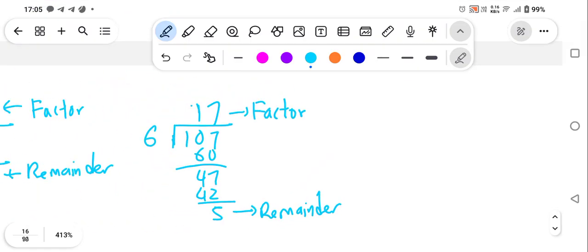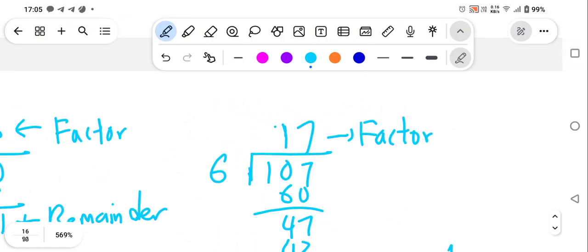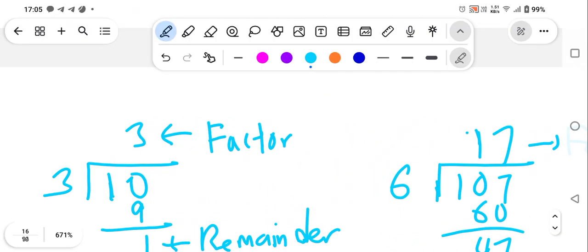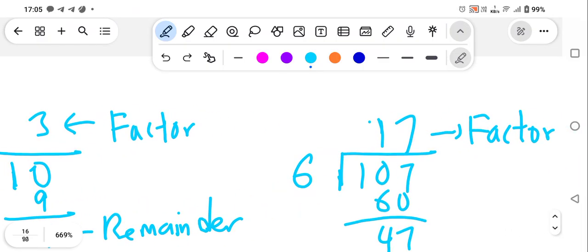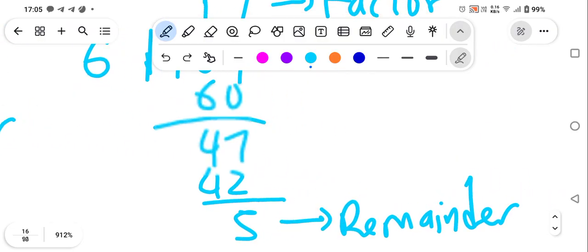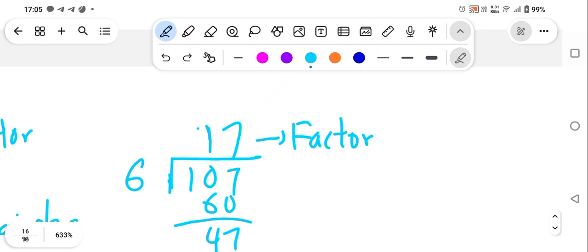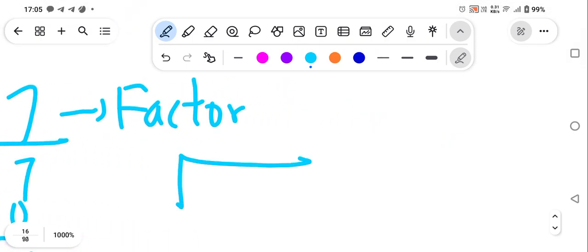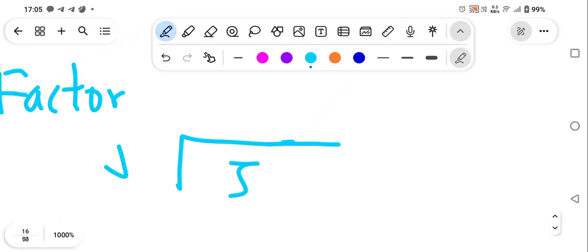Alright, so what can we observe from this? Well, we can know that the factor is 100% something that is an integer. It's always a number, an integer. And the remainder is also always a number. Sometimes the factor can be a real number, such as when you divide 5 by square root of 3.